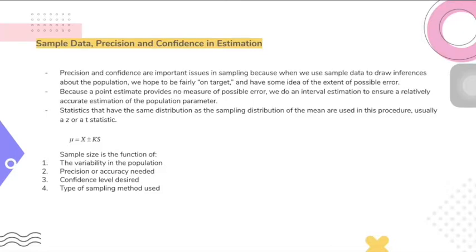In sum, the sample size, or small n, is a function of the variability in the population, the precision or accuracy needed, the confidence level desired, and the type of sampling plan used, for example, simple random sampling versus stratified random sampling.